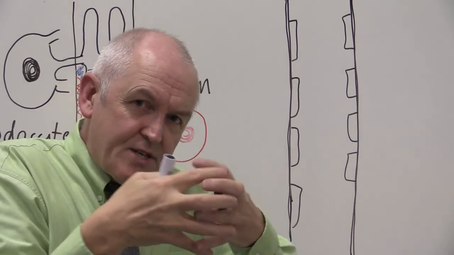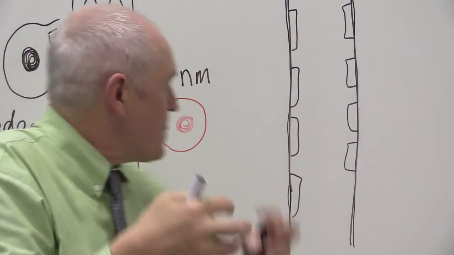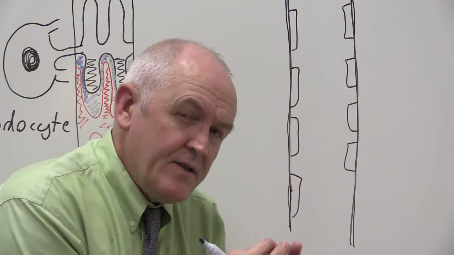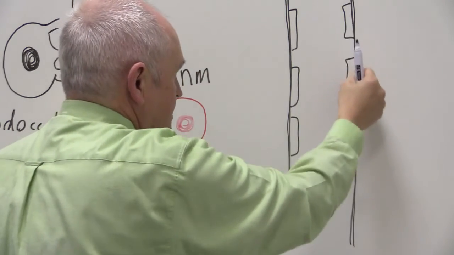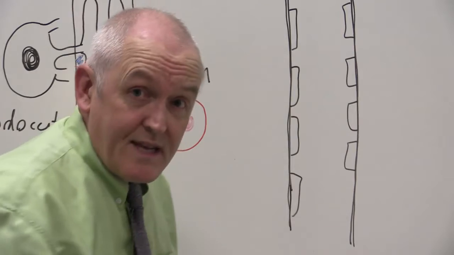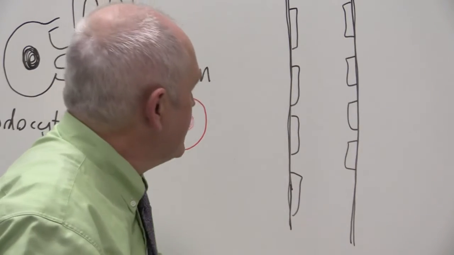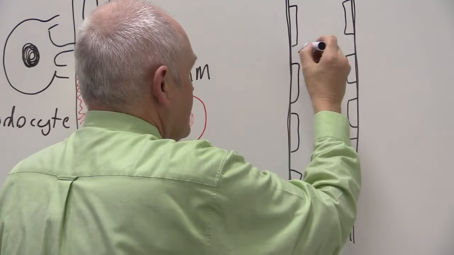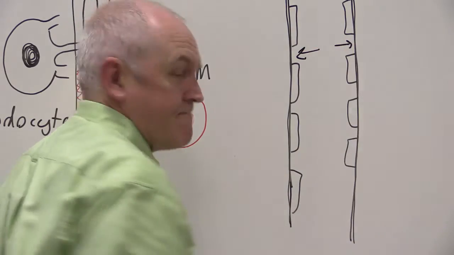There are projections from the main body of the cell, and that means that between the gaps in the endothelial cells, or between the gaps in the components of the endothelial cells, there's going to be these small gaps here, the fenestrations.